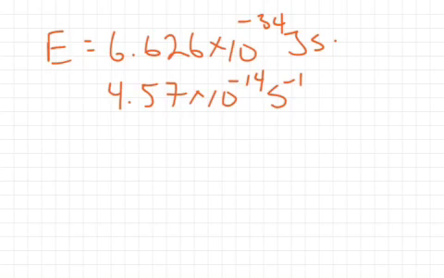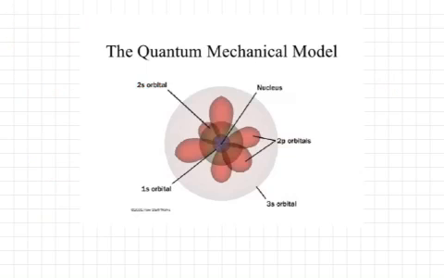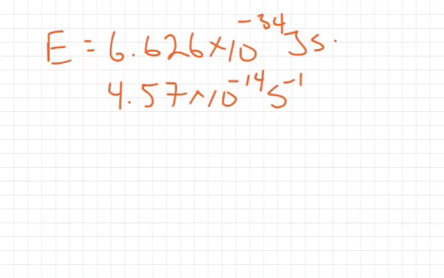So if I use my Planck's constant, I just realized that I put the wrong unit on there. Let me go back to this page, right here. It was supposed to be joule times second, because then when you multiply by frequency, which is inverse second, the seconds would cancel out to leave you just joules. My bad, I accidentally wrote joule per second earlier. So if we go back to this, we'll use Planck's constant for every second worth of frequency.